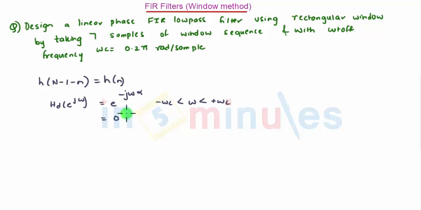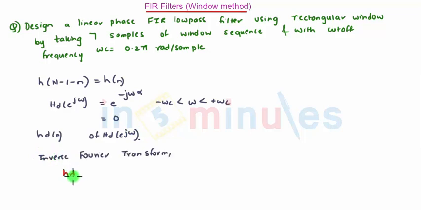The desired impulse response hd of n can be obtained by taking the inverse Fourier transform of Hd of e raised to j omega. So, by the definition of inverse Fourier transform, hd of n is equal to 1 by 2 pi integration from minus pi to plus pi of Hd of e raised to j omega into e raised to j omega n d omega.